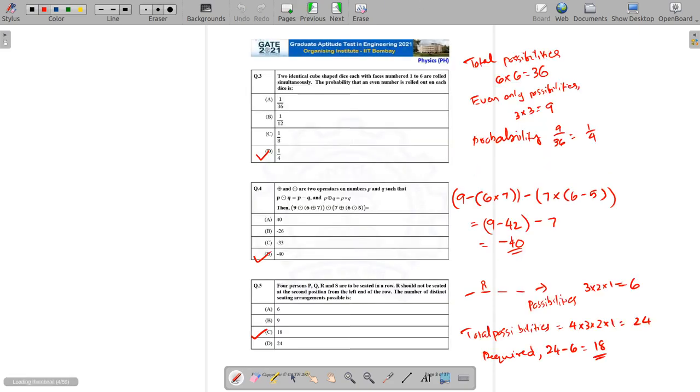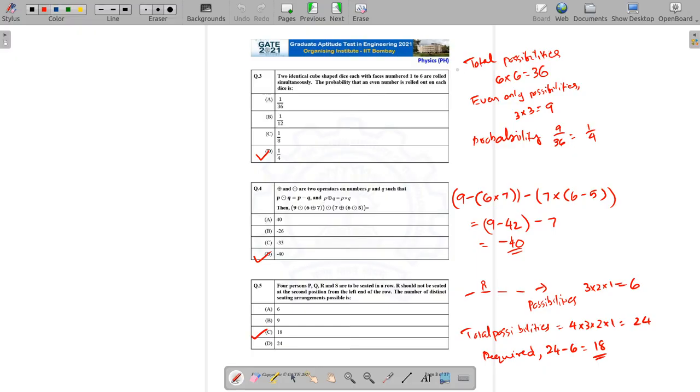Next one. Two identical cube-shaped dice, each with faces numbered 1 to 6, are rolled simultaneously. The probability that an even number is rolled out. Okay, you have two dice, and what is the probability that you will get an even number on both dice? So how many possibilities are there? 36.